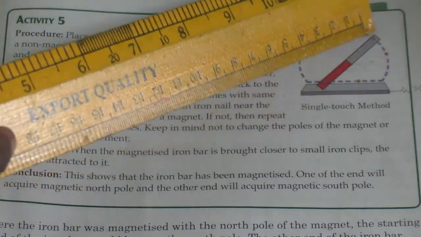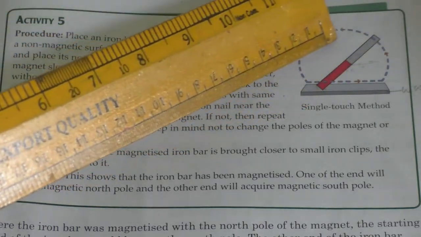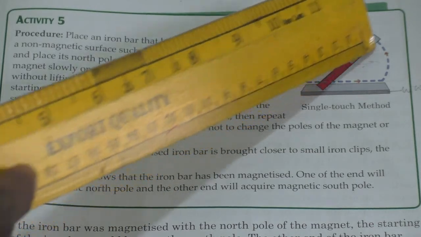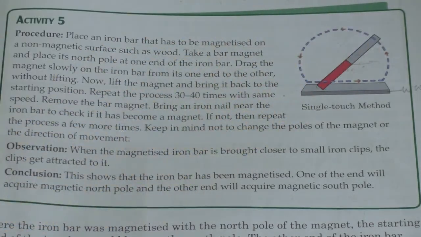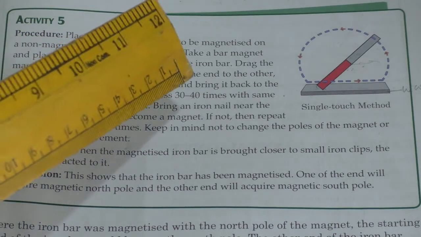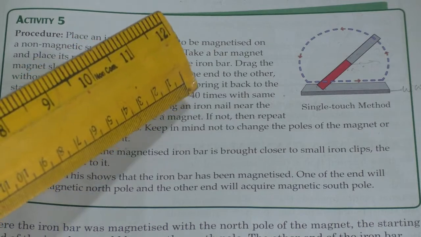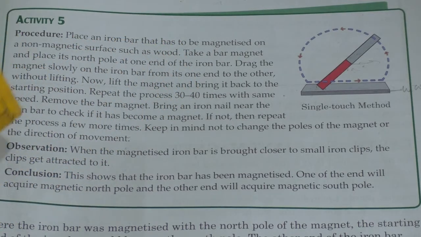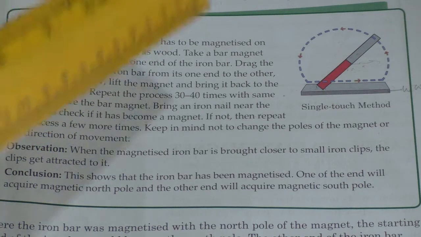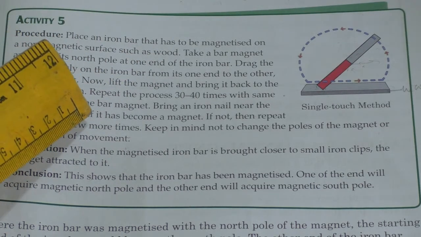It is rotated like this in this direction, and again it is back to the starting position. You have to repeat this 30 to 40 times with the same speed. Then remove the bar magnet.